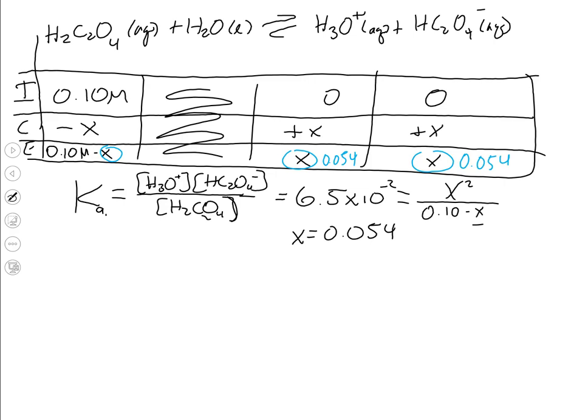So our original oxalic acid is now going to be down to 0.046. So that is our first ice table.